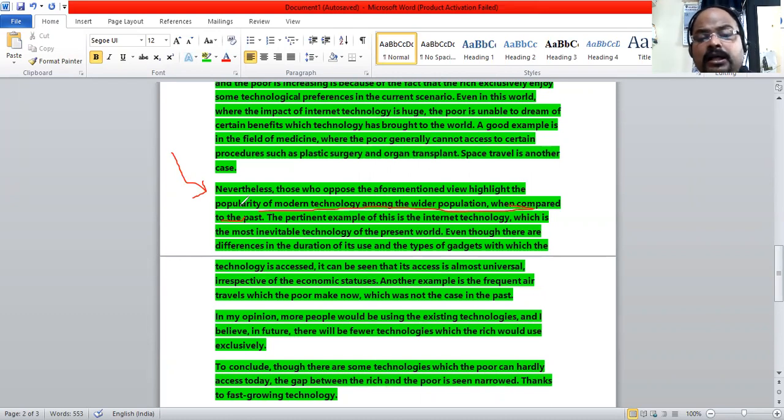Sometimes the gadgets which they use may be different, but still both are using it, irrespective of economic status, whether they are the rich or the poor.